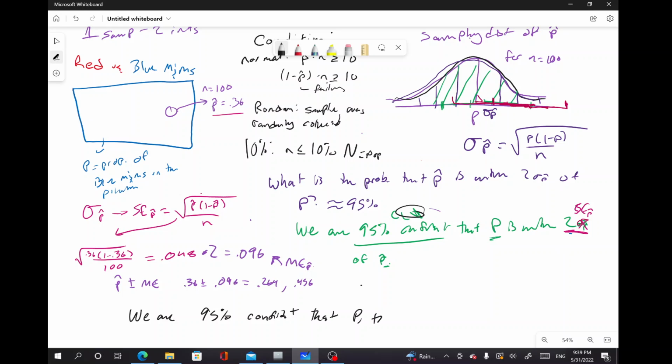So p, the true proportion of blue M&Ms, is between, and then you just have our lower bound, 0.264, and 0.456. And now we have our confidence interval.